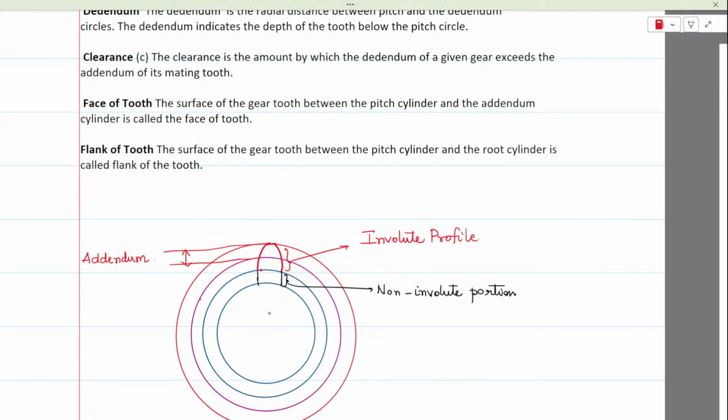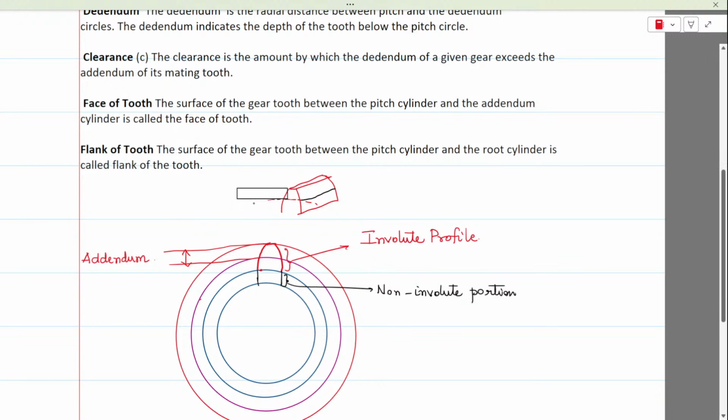Next, remember that as you are segregating the sides of the teeth on the basis of the pitch circle, you are naming them face and flank. In the previous slide, I have done that. The same thing I am doing in the front view.